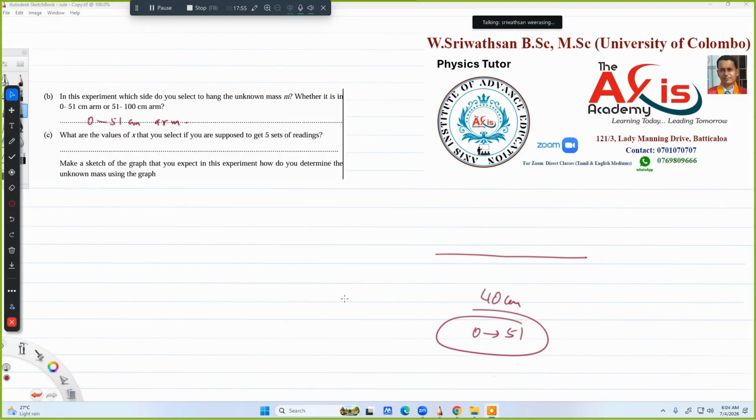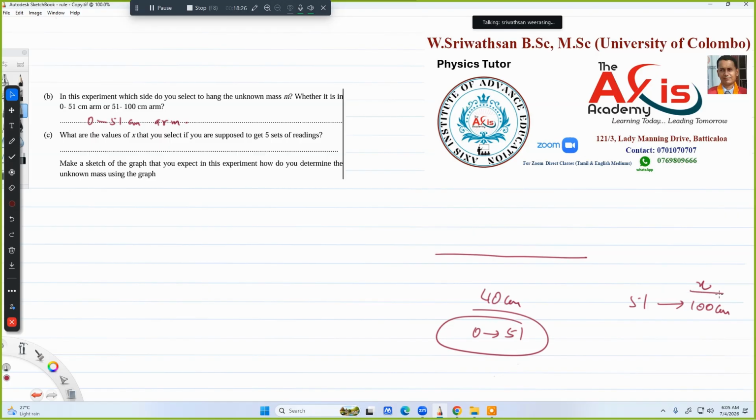Okay, what are the values of x that you would select if you are supposed to get 5 sets of reading? The range is actually for the x value, x is in this 51 to 100 centimeter range.